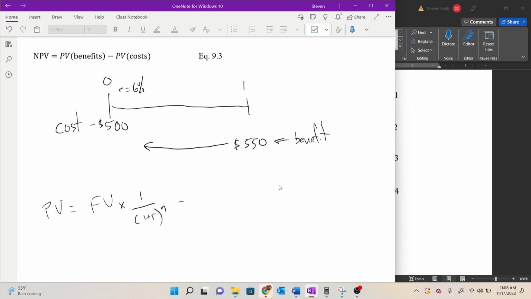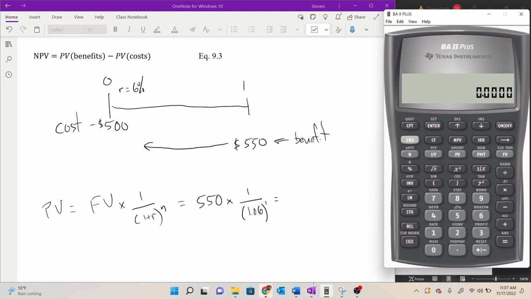And so in this case, our future value is 550. And our discount rate is 6%, so 1 plus 0.06 is 1.06. And then that goes out just one period, or needs to come back just one period to get it into today's dollars. All right, so that's 550 divided by 1.06. So we'll type that in.